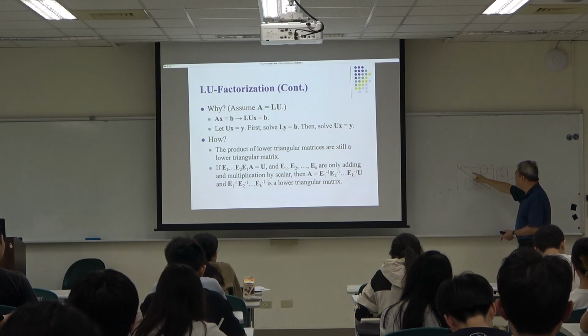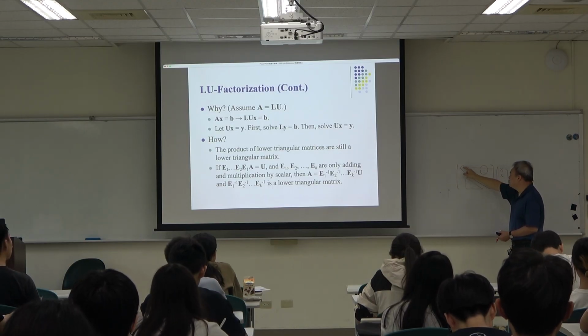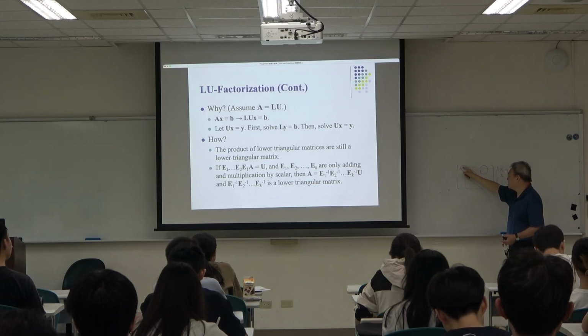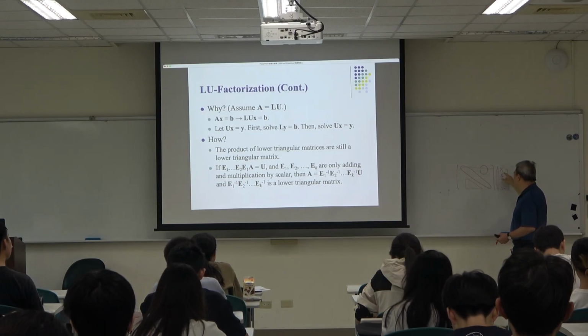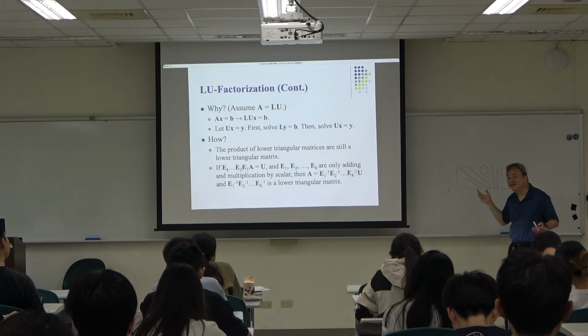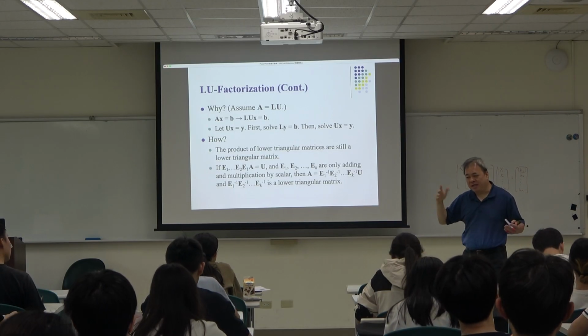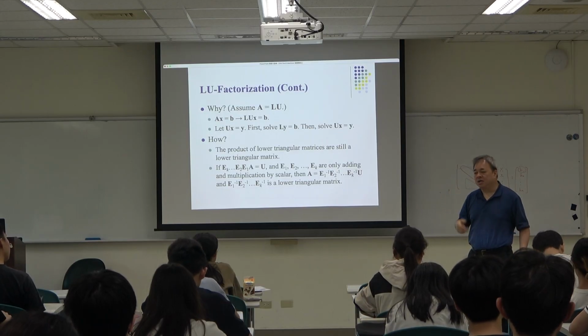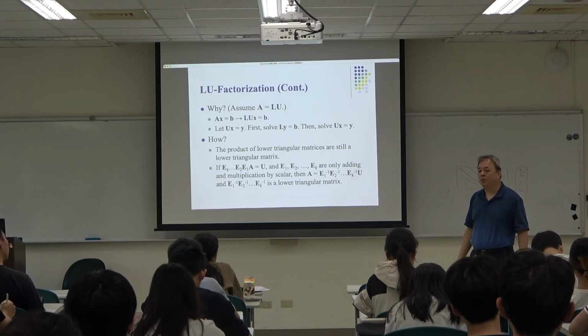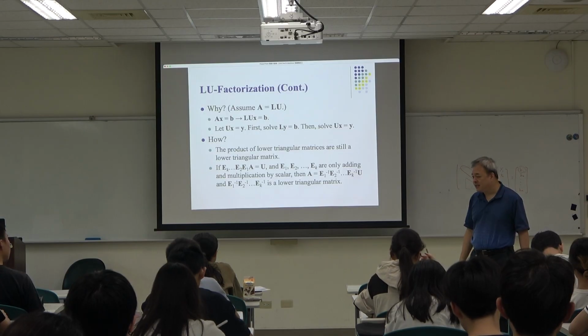In other words, you get something times y1 equal to b1. All the other yi's are gone, so you can immediately get what y1 is.